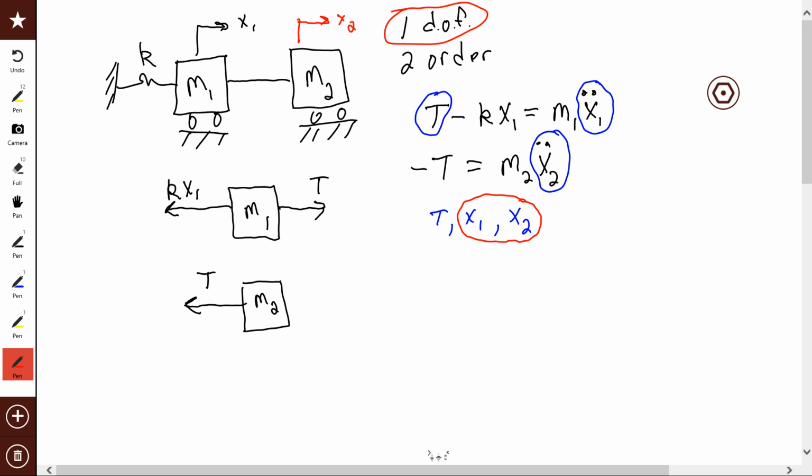That tells me that I don't need both of these, that they must be related somehow. The relationship in this case is pretty simple. What I know is that x2 equals x1. If you have more flow variables than degrees of freedom, there will always be a constraint between them. It may not be as easy to find, but there is a constraint, so you know at least what to look for.